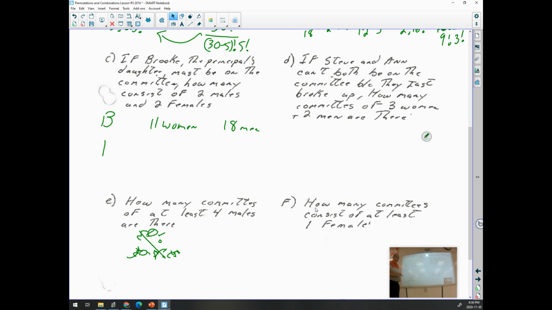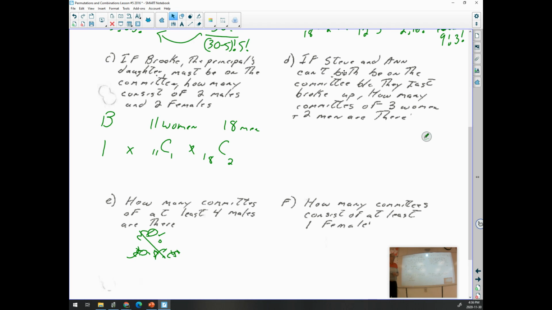There's one way to put Brooke on the committee. We have 11, choose 1. We have 11 women to choose from. We have 1 more woman to put on the committee. 18, choose 2. How many ways can we put 2 men? 2 men from 18.